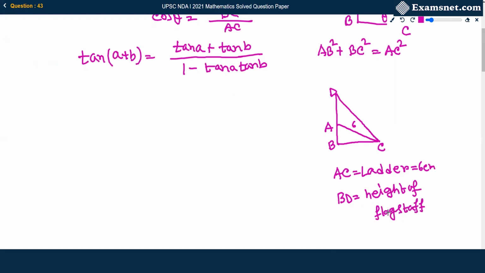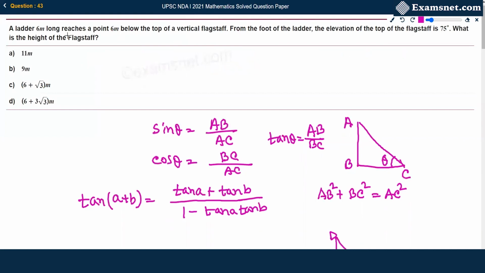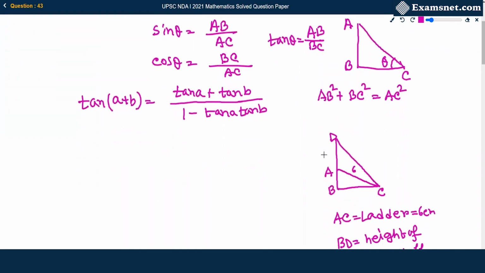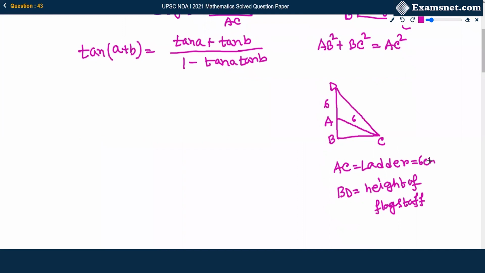Now, the question states that a ladder 6 meter long reaches a point 6 meter below the top of a vertical flagstaff. So the ladder reaches the point A. That means DA is 6 meter. Is it meter or centimeter? It's meter. Okay, so make the correction.